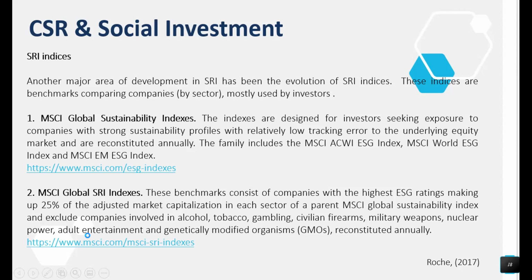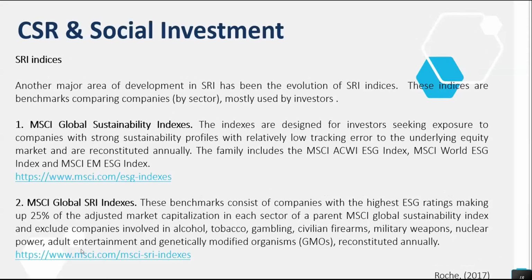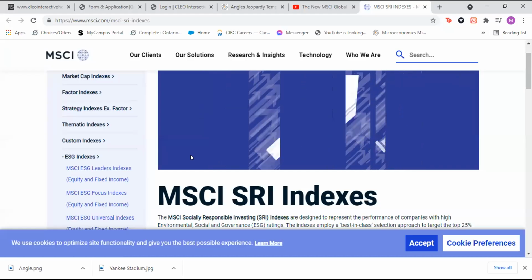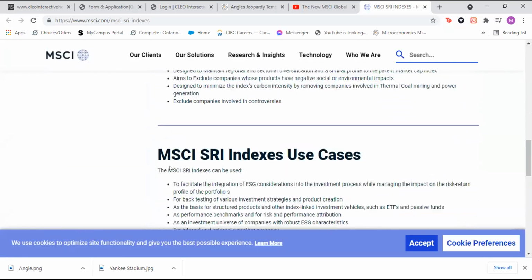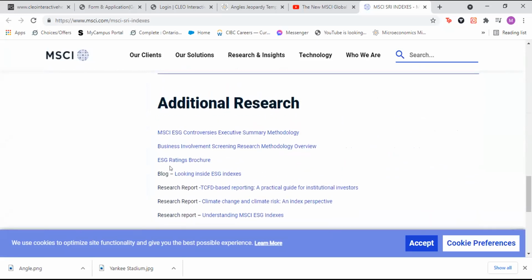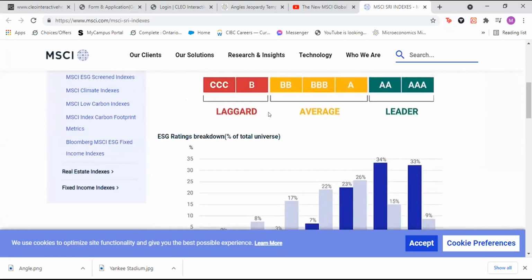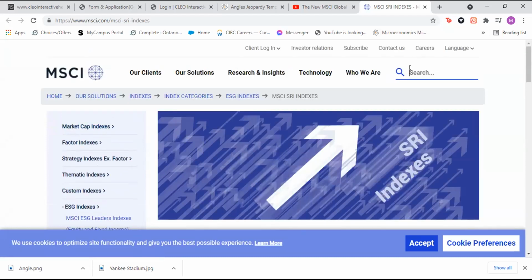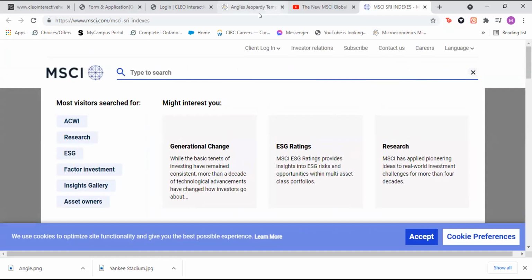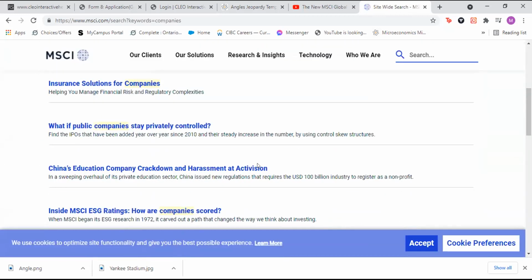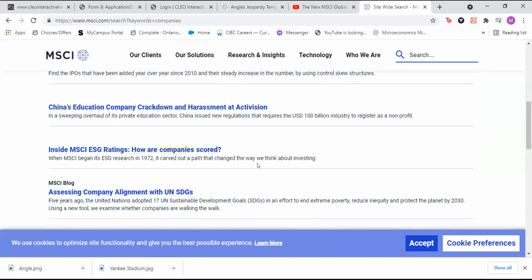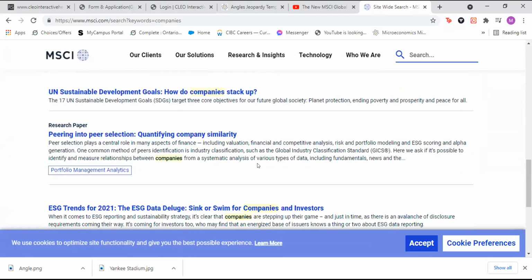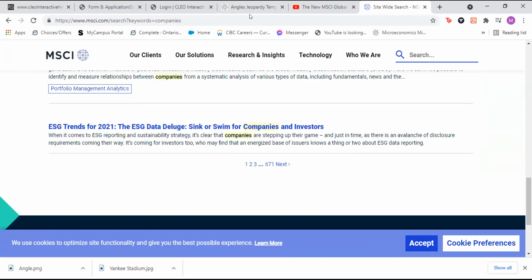So with this, they might be good ideas for your assignment number 3. I'll bring it up here. So the companies in these indexes might be good companies for your assignment number 3. So yeah, if you look up companies in the index, I'm just going to pull that up. Give me one second.